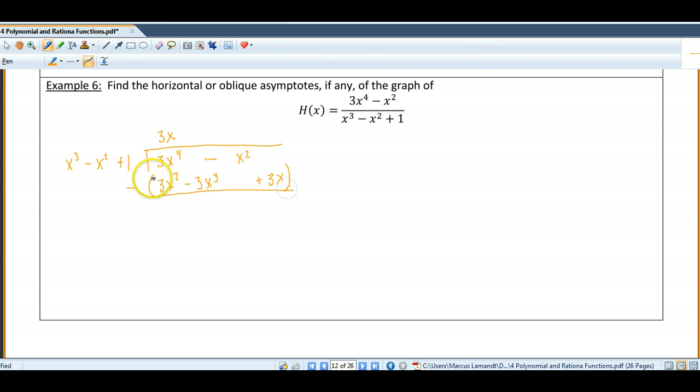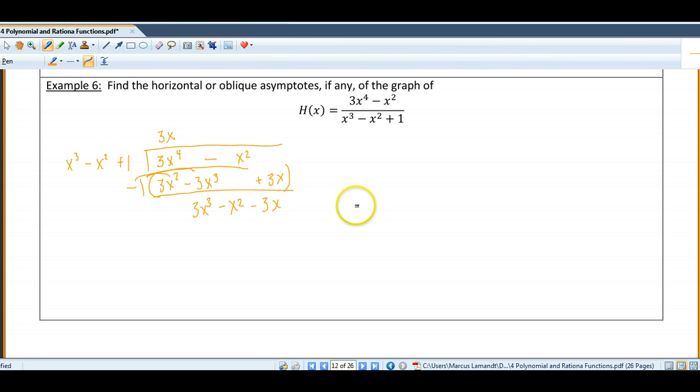Make sure you distribute the negative sign to everything inside the parentheses. So here I have 0. Negative times negative makes a positive, so I've got 3x cubed minus x squared minus 3x.